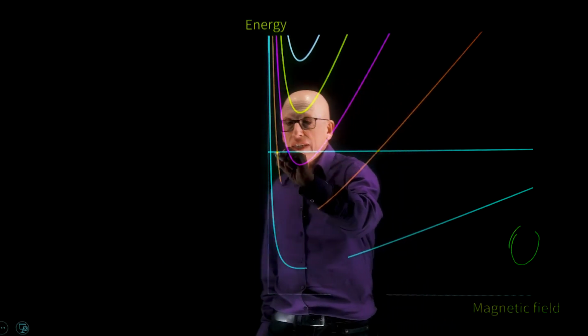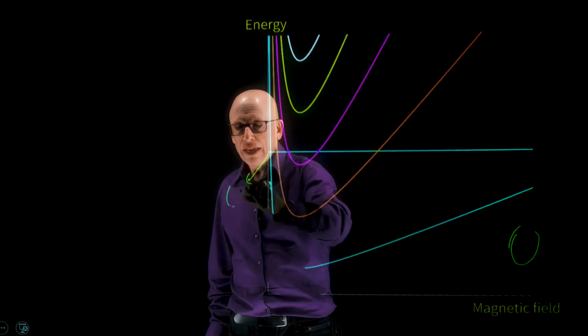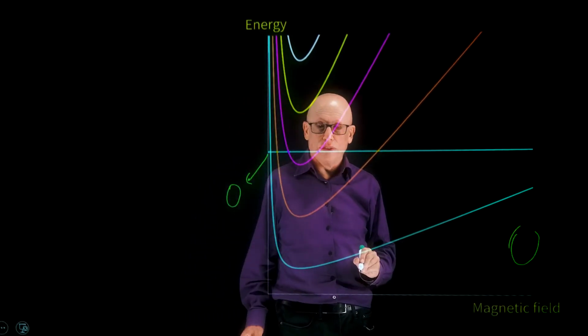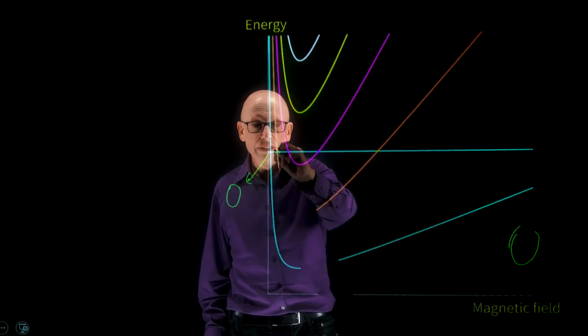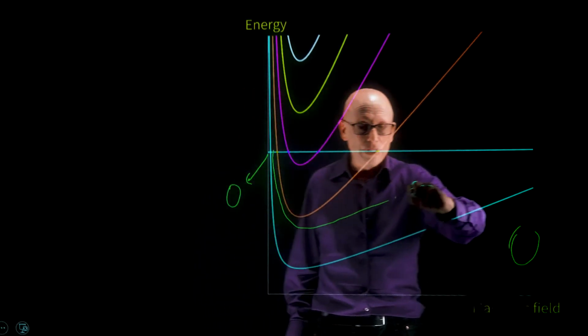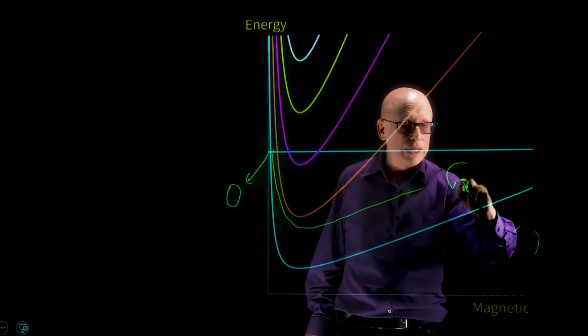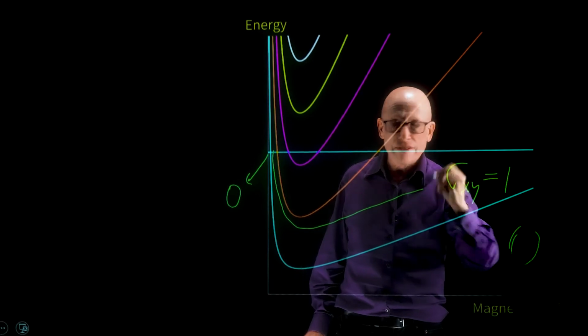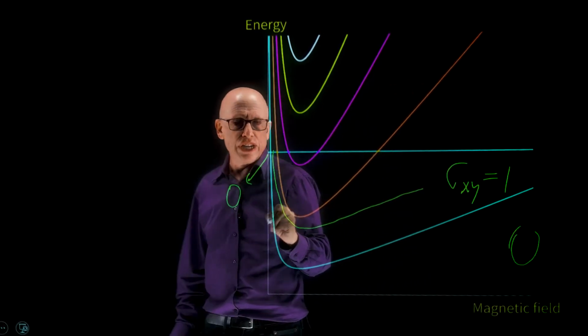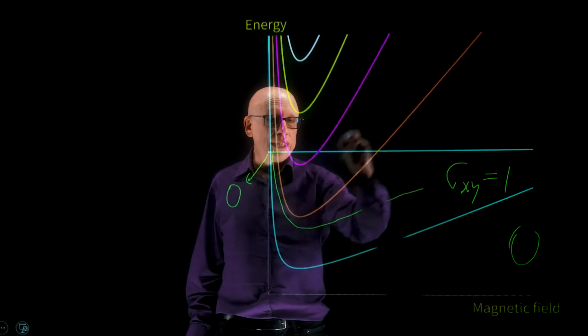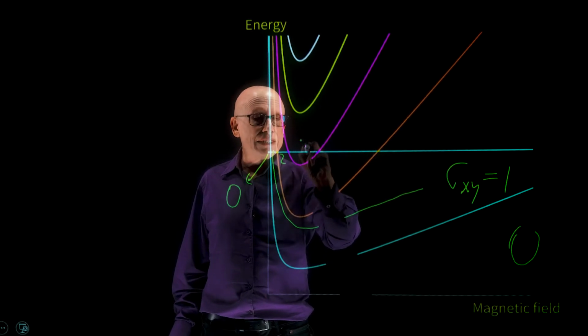So here, it's hard to write, but sigma xy will be 0. This region here is connected to this one, where sigma xy is 1. All this, again, in units of e squared over h. And this is connected to this, where it's 2, and this is 3.